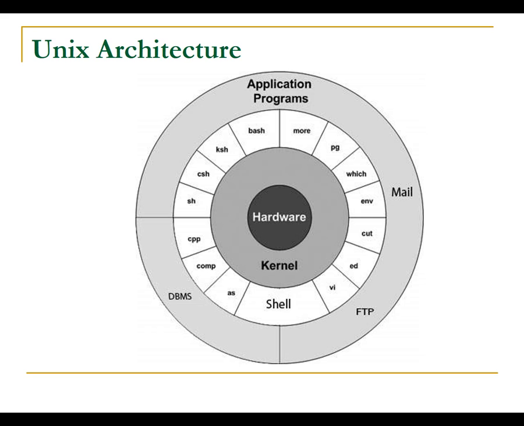It looks like a spindle, where the outer layer contains the application programs, then the inner core contains some words like bash, more, pg, which, env, cut, ed, vi, shell, as, comp, cpp, sh, csh, ksh.